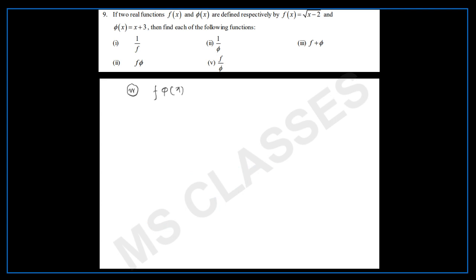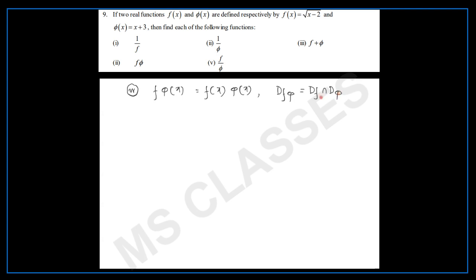Now (f into phi)(x) is f(x) into phi(x), provided the domain of f into phi is equal to the domain of f intersection the domain of phi.